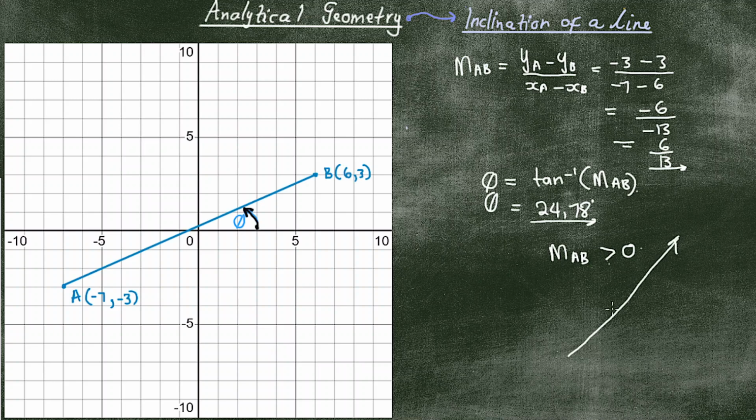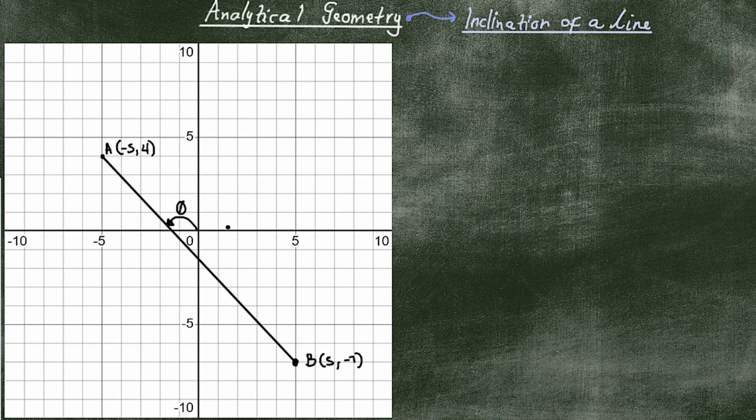When a line is tilted like this, its gradient should always be positive, right? So coming back to this problem, you can see that now this line AB is tilted differently from the other one.